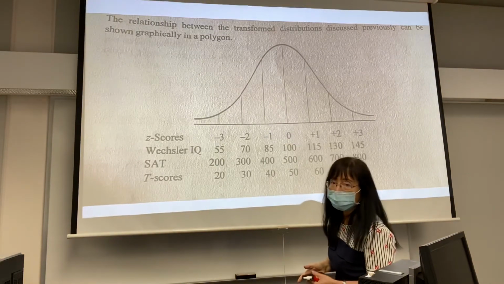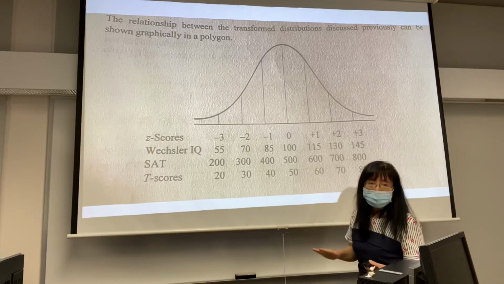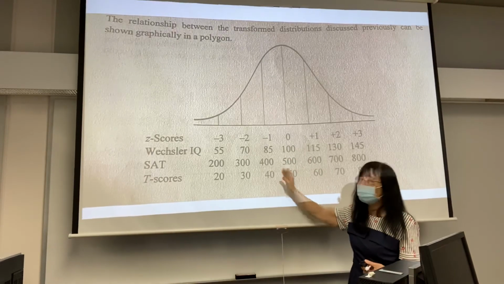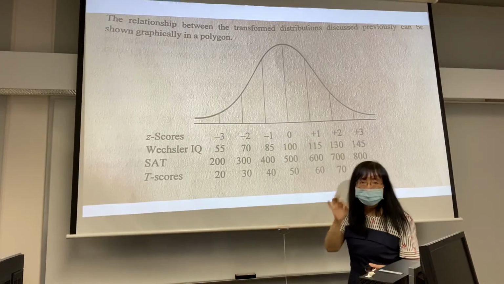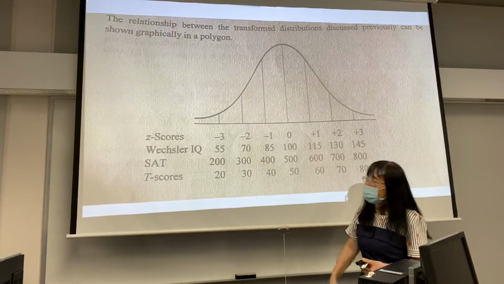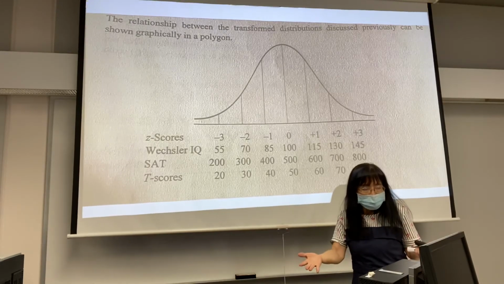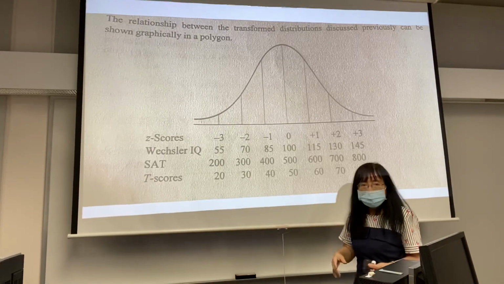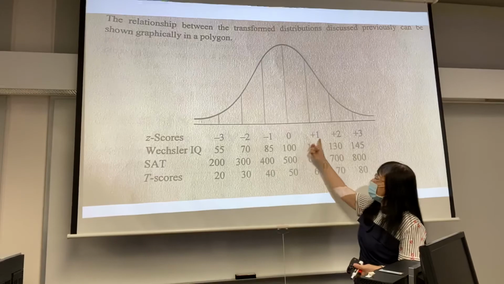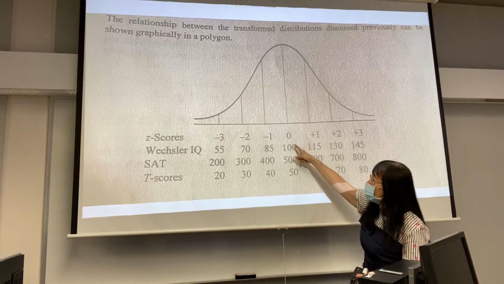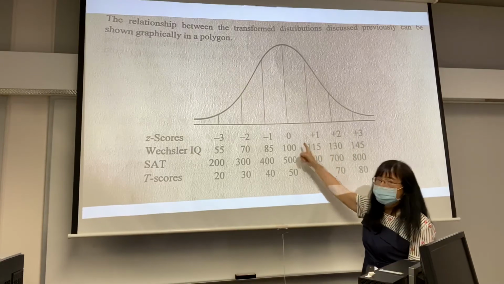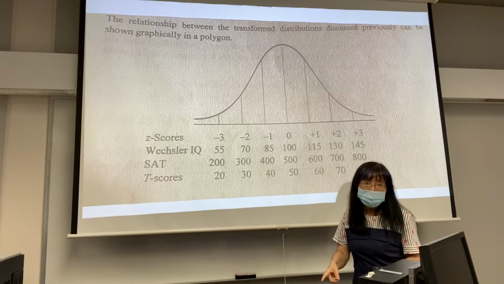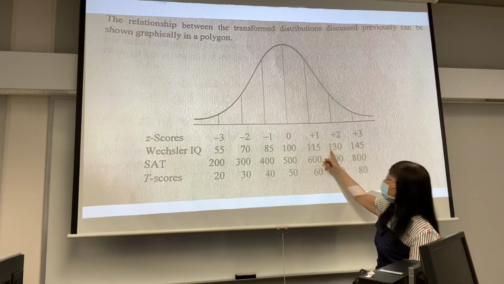Okay, so look at this chart. They're pretty much the same thing. The only difference is they set the mean score at a different number. For this score, the middle number is 0. But IQ says we want to set 100, SAT says we want to set 500, and T-score says we want to set 50. So you can see it depends on their standard deviation. For the Z-score it will be 0, 1, 2, 3, because its standard deviation is 1. For Wechsler, remember the standard deviation is 15, so it's 100, 115, 130, 145.